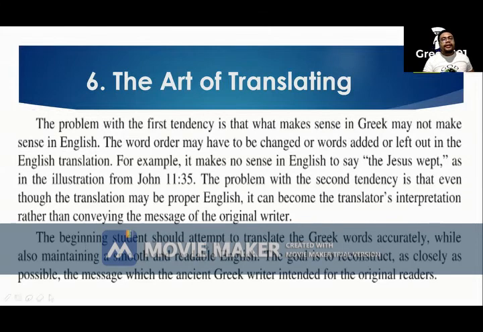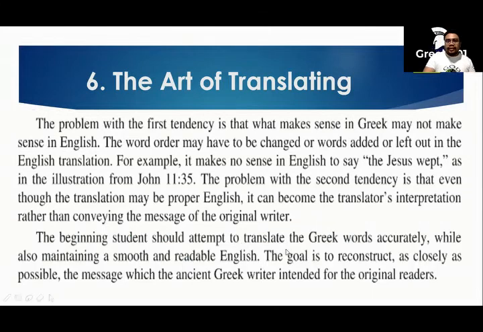The beginning student should attempt to translate the Greek words accurately while also maintaining a smooth and readable English. So word by word, but of course you need to restructure it. The goal is to reconstruct as closely as possible the message which the ancient Greek writer intended to the original readers.